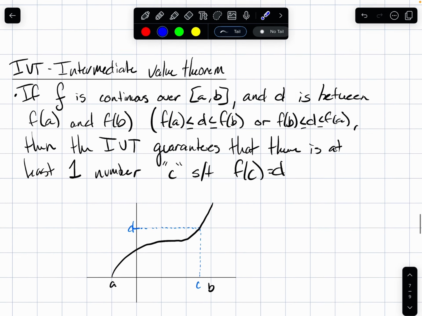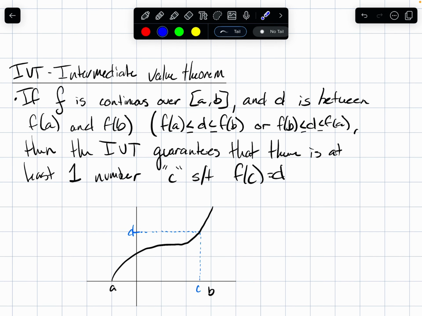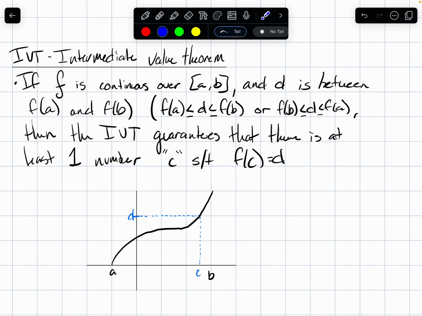Now we're getting to the fun stuff, the intermediate value theorem. Here we go. Basically what this does is it ensures and proves that points exist on continuous functions. Let's read.